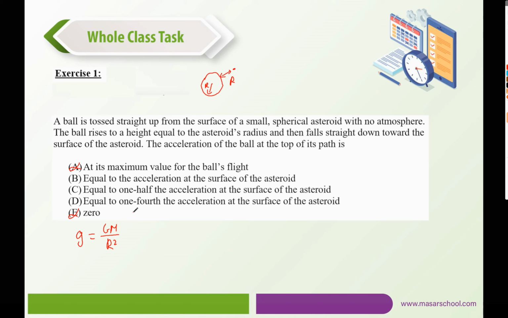So r doubles. Now we can apply the factor of change. That would be 1 divided by 2 to the power of 2, which is 1 over 4, which means D is the correct answer. It is equal to 1 over 4 the acceleration at the surface of the asteroid.